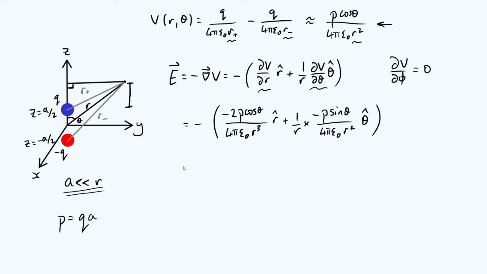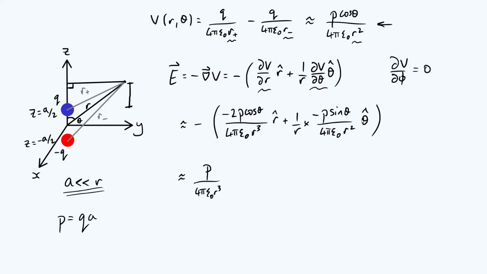So let's write out a final expression here. Oh, by the way, from this stage here, this should be an approximately equal sign, right? Because this is only valid when r is much bigger than a. And so this is approximately equal to, let's pull out a common factor, p over 4 pi epsilon naught r cubed, right?